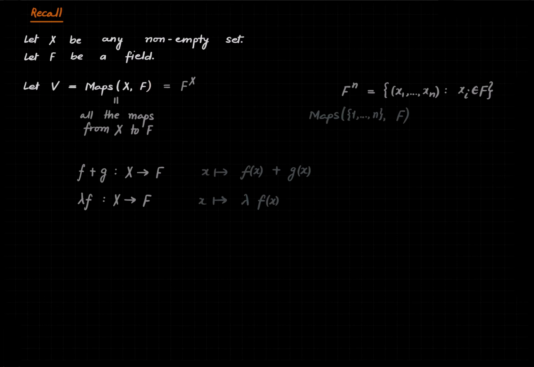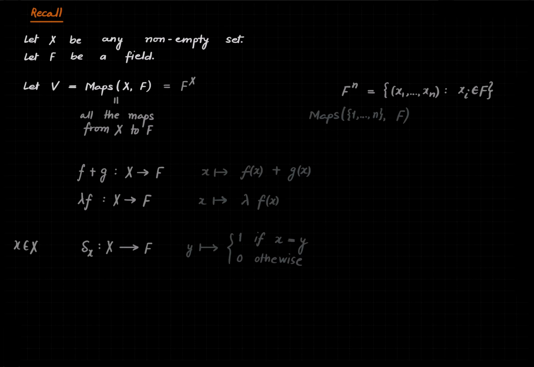All right, and if X is a finite set, then what is the dimension of this space? The dimension of this space is mod X. Why is that? Because consider these functions delta_x. For each x in the set capital X, you can define this function delta_x, which takes little y to 1 if x equals y and 0 otherwise.